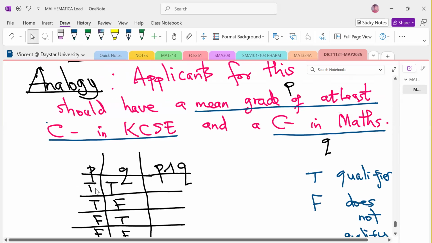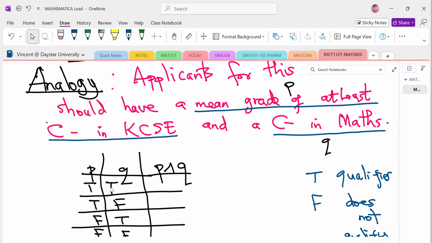So the first line means the applicant has a mean grade of C minus in KCSE, and the student also has a C minus in math. According to this course application requirement, will such a student qualify for that course? Yes or no? Yeah, they qualify. So we put here T.